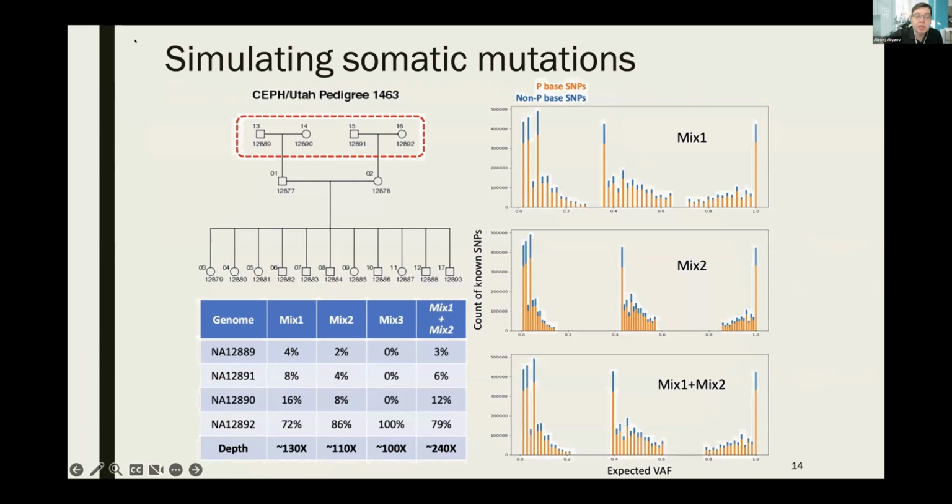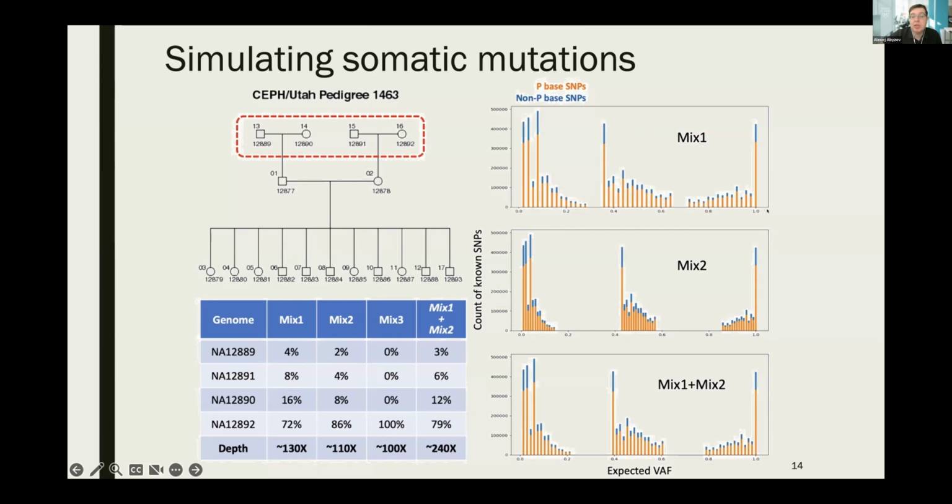So what we did, we took genomes of 4 independent people who were well characterized and sequenced before, so they're completely unrelated, and we mixed them in different proportions. So now the germline variations, which are shared between 2 or a few of these genomes, will give us some allele frequency. And those which are unique will give us a low allele frequency.